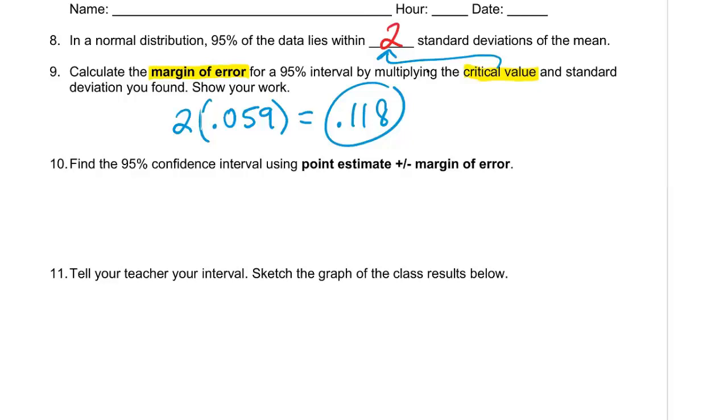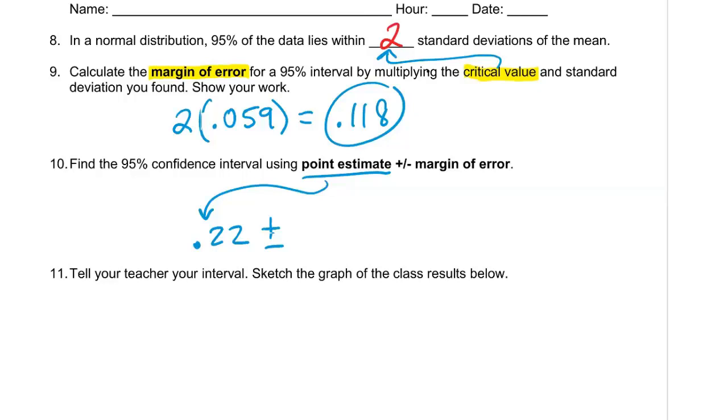All right, now with that number, we can actually find the confidence interval using the point estimate. So the point estimate is 0.22. That means what you got from the experiment, plus or minus the margin of error, which is a critical value times the standard error. Critical value just means how many standard deviations out you want to go.